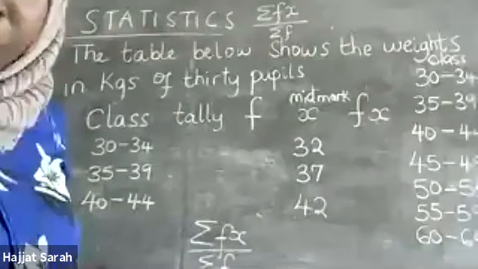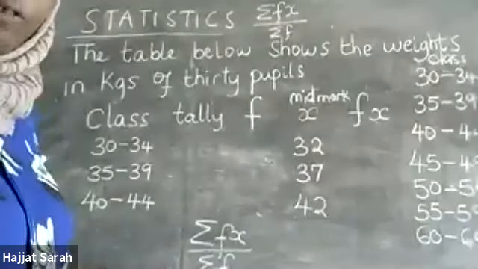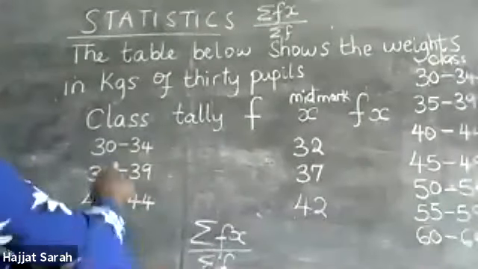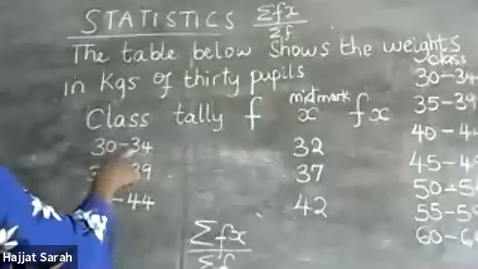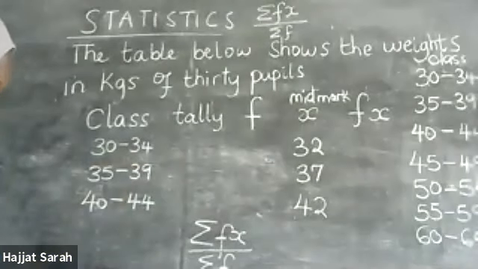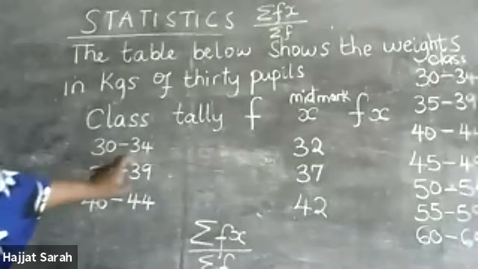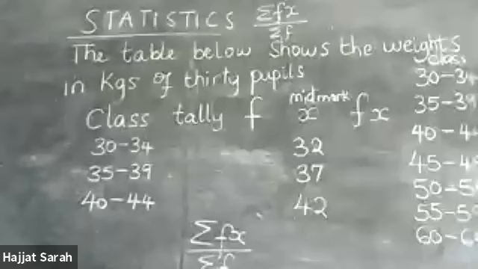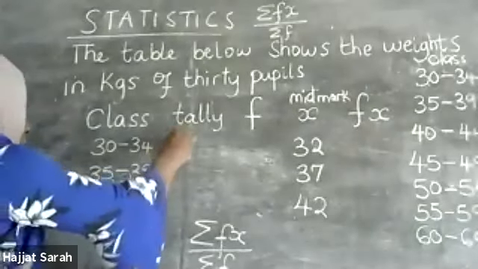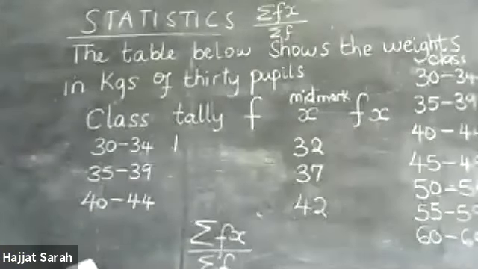Okay. And we decided to group our figures in bundles of 5. So if I look at my question here, in between 30 and 34, in your table, you have a 33. So you do this, that is 1.